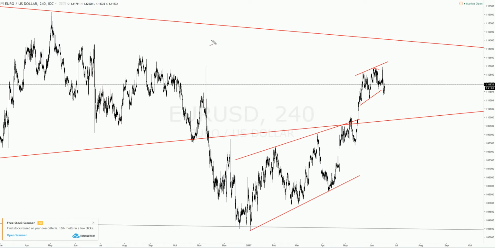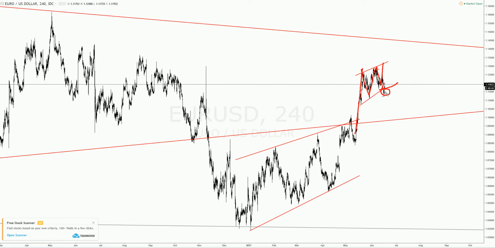Taking a look at the Euro US dollar, we had a move down. Then we went into a 1, a 2, a 3, a 4, a 5. I thought this was going to roll over and continue lower. Didn't happen. It continued to go straight up. That's fine. We came into this flag pattern, and much like the way we observed in the Euro index, it has fallen apart right in here.